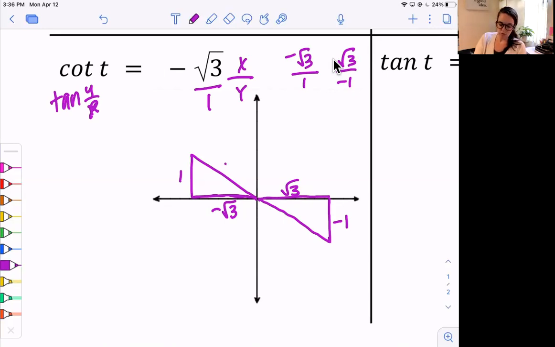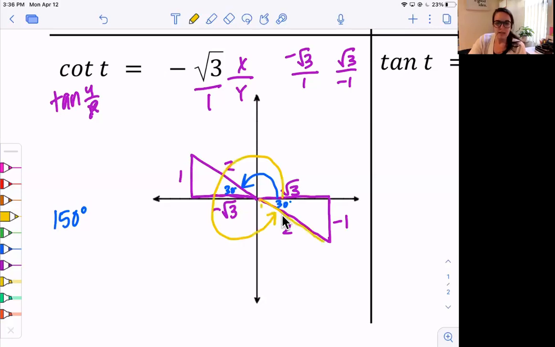I'm going to have 2 as my radius. That makes this 30 degrees and 30 degrees. So this would be 180 minus the 30, which is 150. And then this angle over here is going to be all the way around except for that 30 there, right?